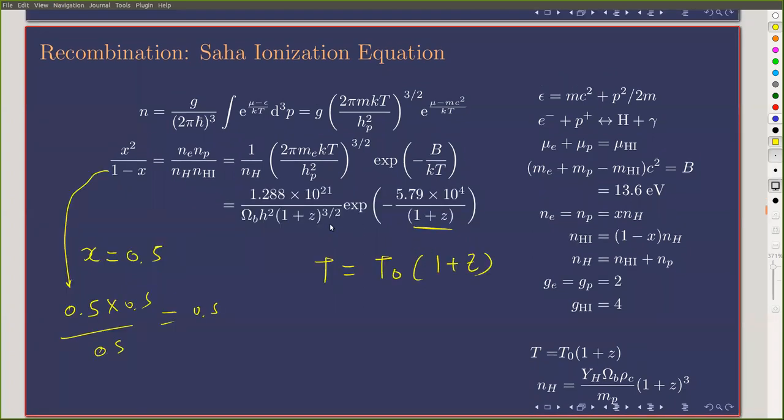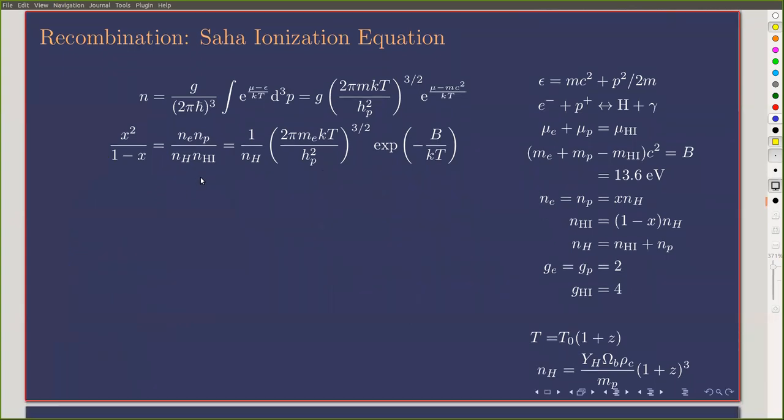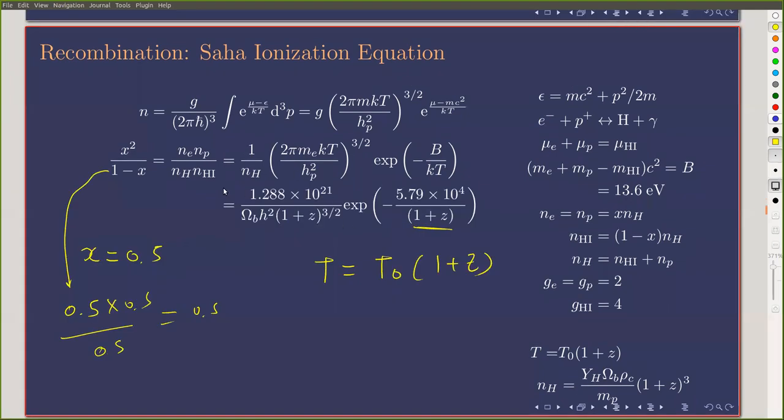Yes, this one: x squared by 1 minus x. Okay, so this is just this one, right? We want to calculate the approximate redshift.